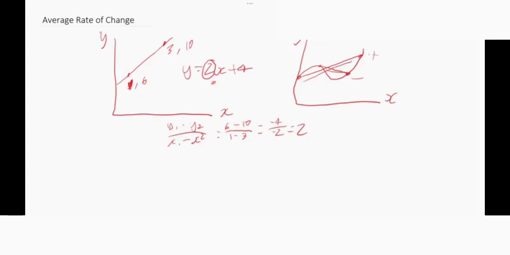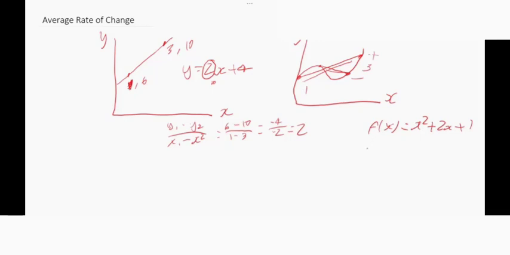So, to calculate this, if you've got, say, the equation f of x equals x squared plus 2x plus 1, then the way to find the average rate of change is, say you've got your points at point 1 and point 3.